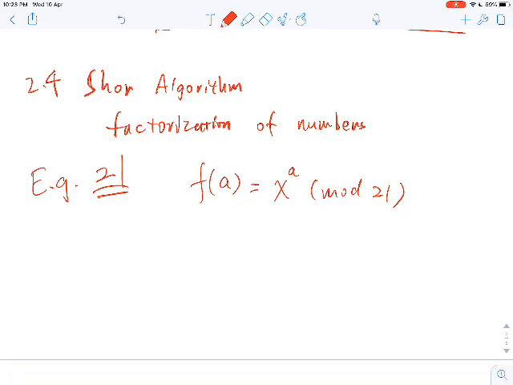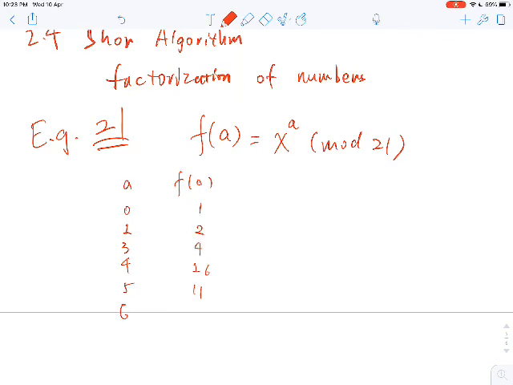And we just try: when a is 0, fa is 1, a is 1, fa is 2, and I will directly write some outputs here to find something we want to know.